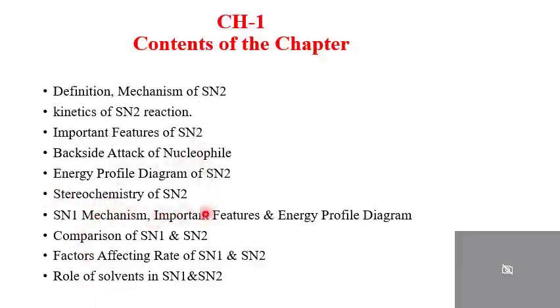After completing the SN2 reaction, we'll come to the SN1 mechanism, its important features, and the energy profile diagram of SN1. Also, we will compare the SN1 and SN2 mechanisms. Then we'll come to the factors affecting the rate of SN1 and SN2. One of the factors is the role of the solvent in SN1 and SN2, which is very important. Therefore, that also we are going to cover.